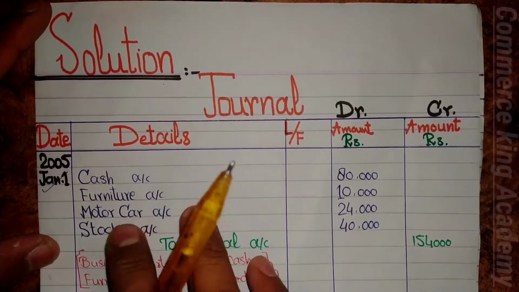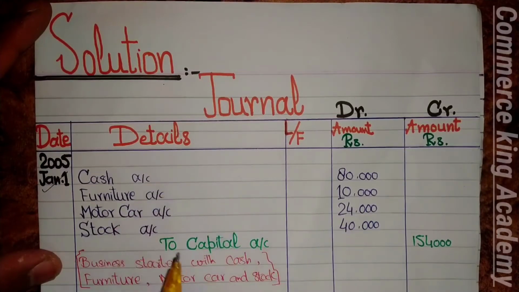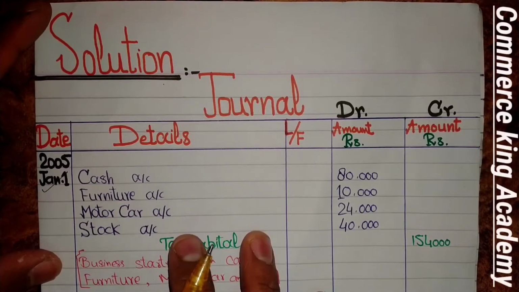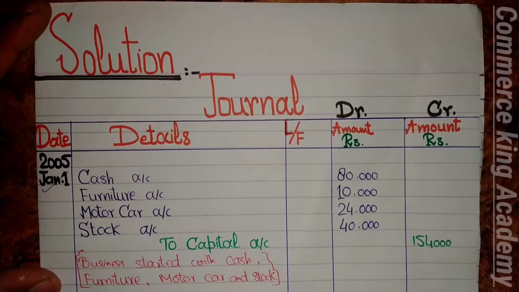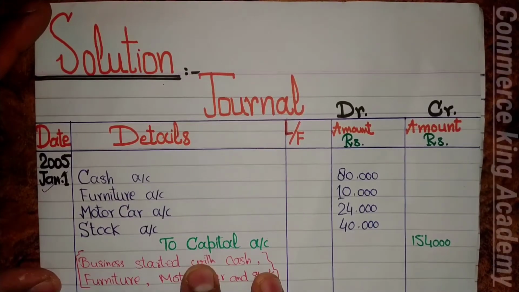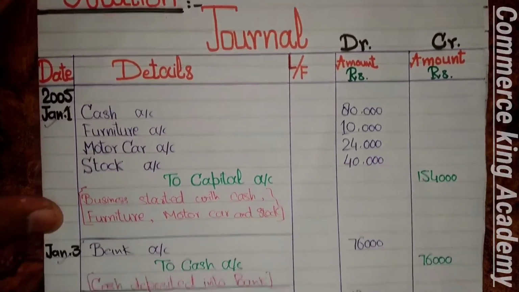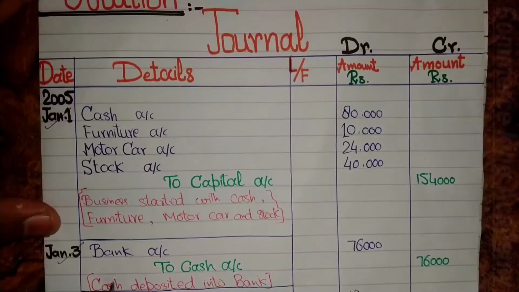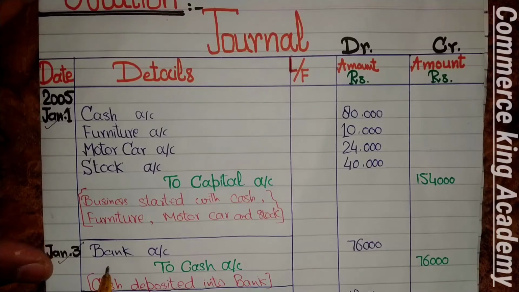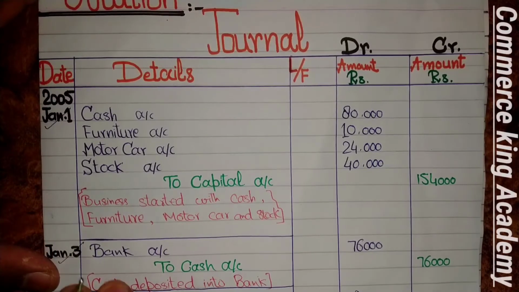Same as the first transaction's entry of cash, now we are going toward the next entries of cash in the next transactions from the journal accounts. The second entry of cash account was held on Jan 3rd. Bank account debit and cash account credit against bank account.